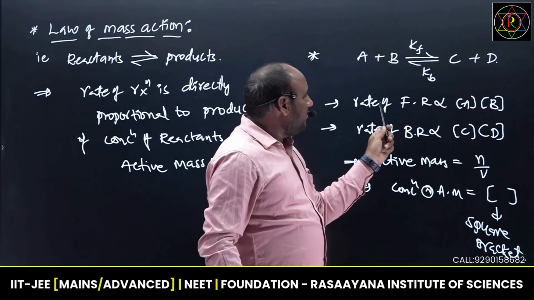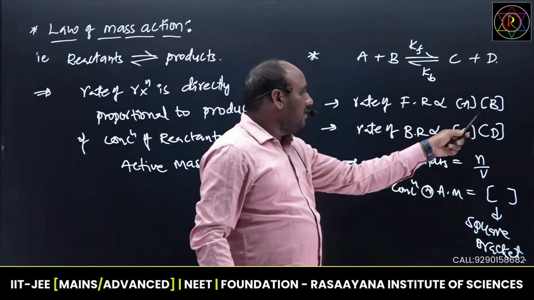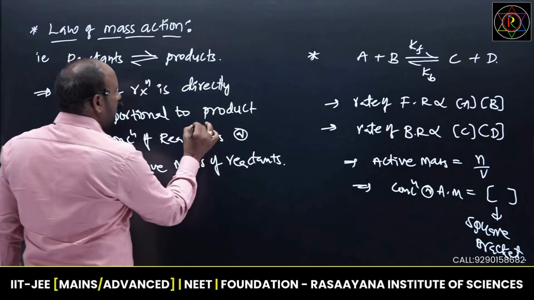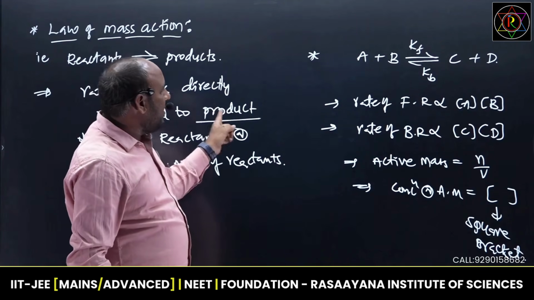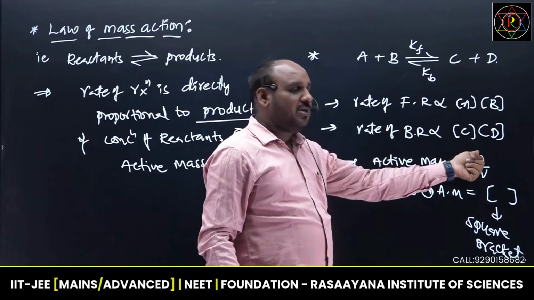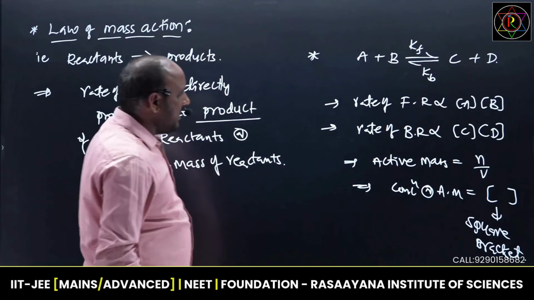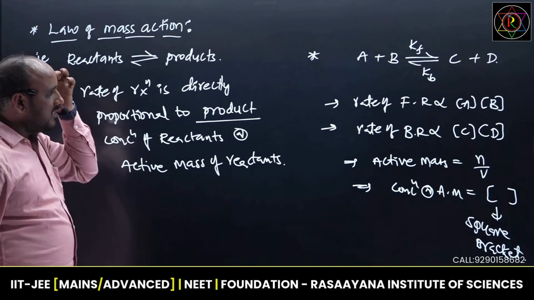So the rate of forward reaction is directly proportional to the product of the reactant concentrations, since two reactants are there. And the rate of backward reaction is directly proportional to the concentration of C and D, that is, also to the active mass.